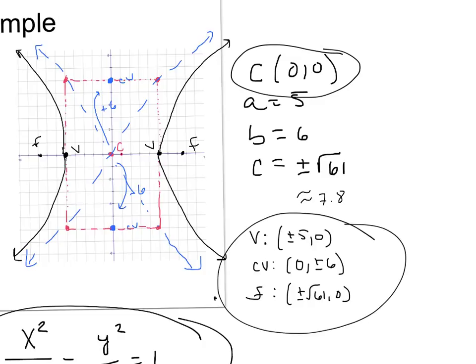And those are all the points that we had to graph. We'll talk more about how to get the equations of the asymptotes in more detail, but this is our very first example. In order to get the actual asymptotes and draw them, we create this box of vertical and horizontal lines created by the intersection of where the vertex points are and where the co-vertex points are. That's how I can create this box to trace my asymptotes.